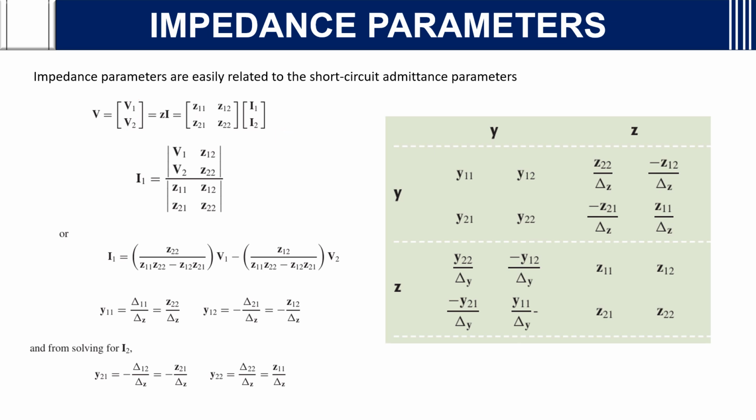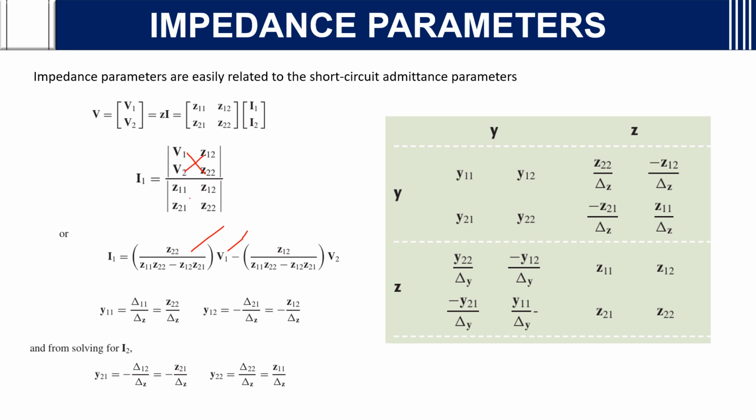I1 equals V1 Z22 by Z11 Z22 minus Z12 Z21, and for the next term, minus Z12 into V2 by Z11 Z22 minus Z21 Z12.